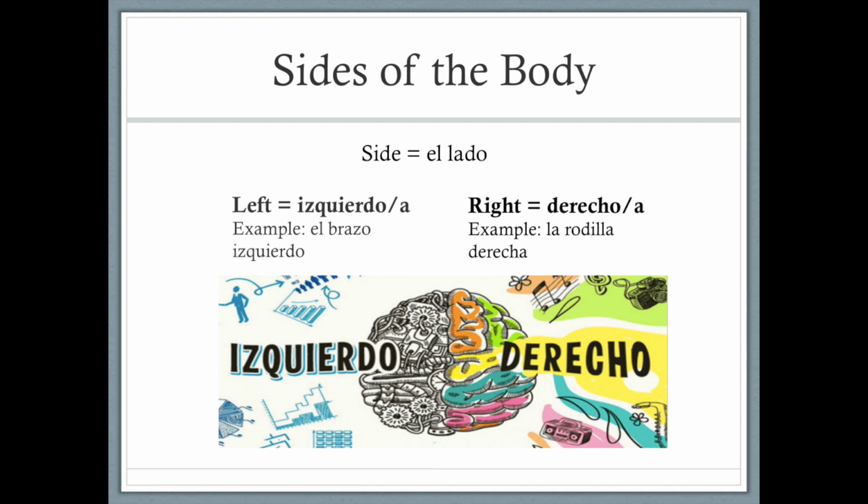Some examples of this are el brazo izquierdo, which is the left arm, and la rodilla derecha, which is the right knee. And in this picture here, you can see los lados del cerebro, which are the sides of the brain. On the left is el lado izquierdo, and on the right is el lado derecho.